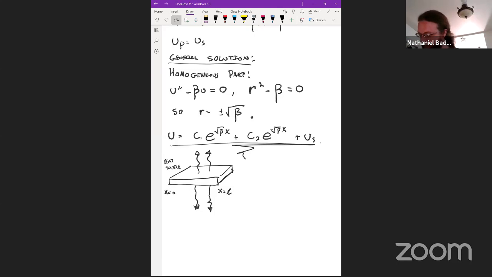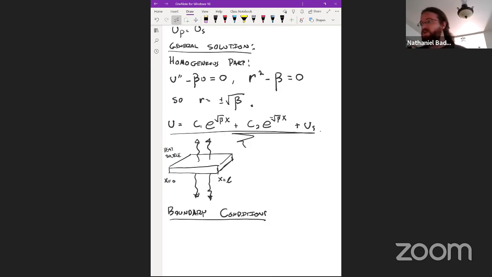Okay, so let's consider boundary conditions. I'm just going to go through and do this computation really fast, and then we'll take a quick break. So let's assume that we have the following.